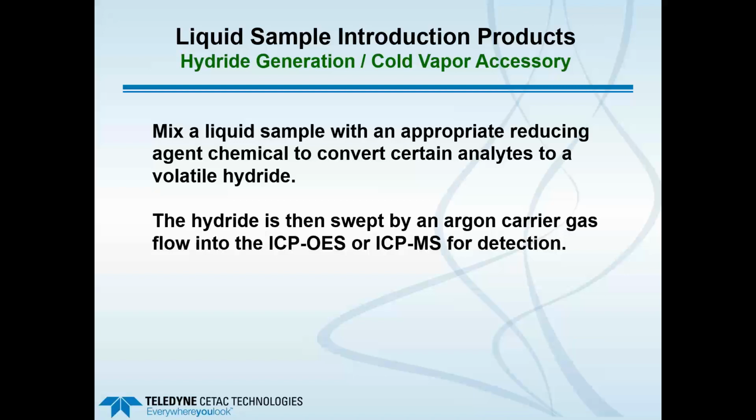That hydride or that form is then swept by an argon carrier gas flow into the host ICP-OES or ICP-MS for detection. Again, in this case, the argon nebulizer gas will be acting as a true carrier gas because it's not being used to generate any type of a sample aerosol. Instead, certain analytes are going to be converted to a volatile form, in this case, a hydride.